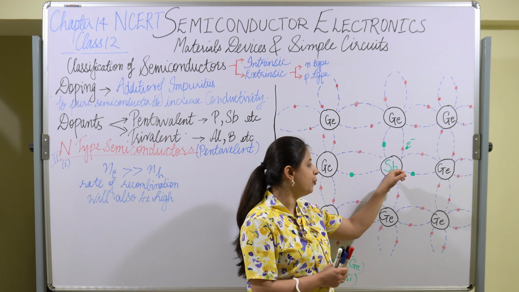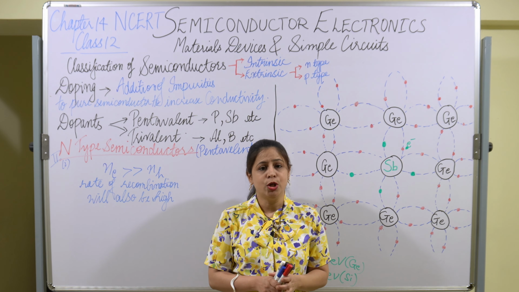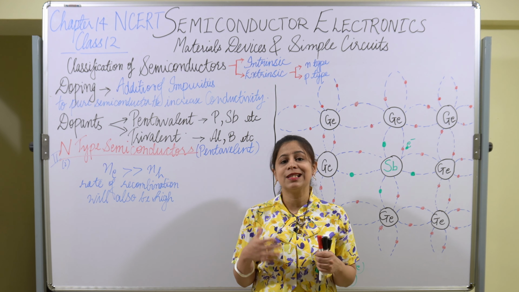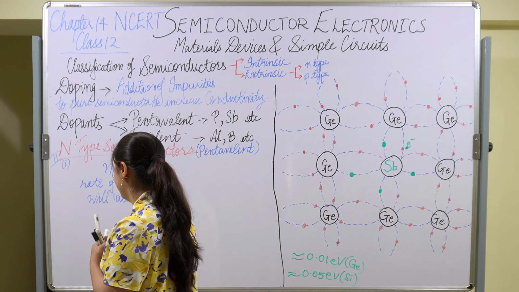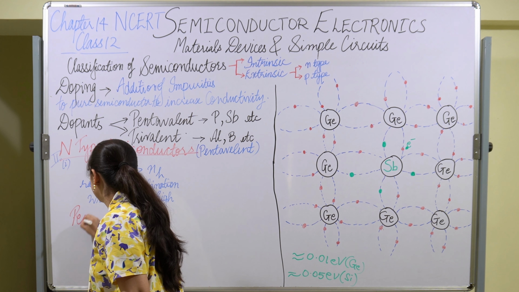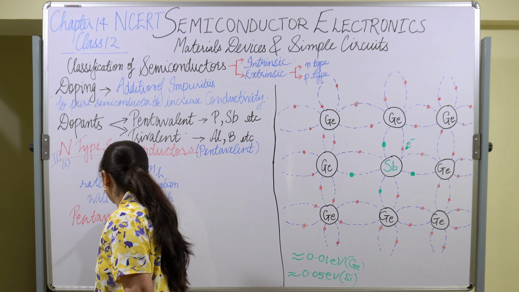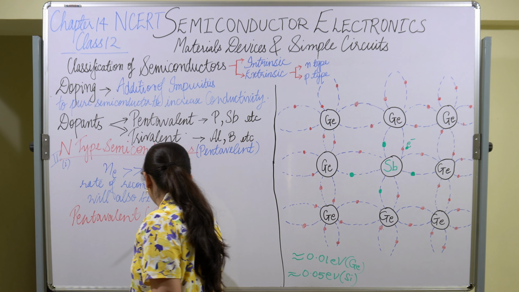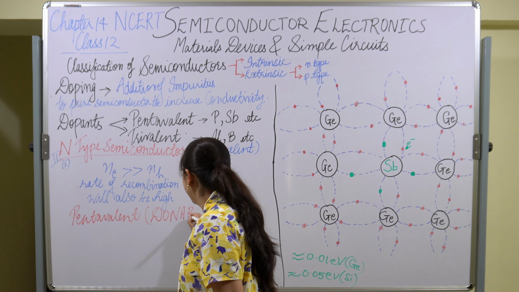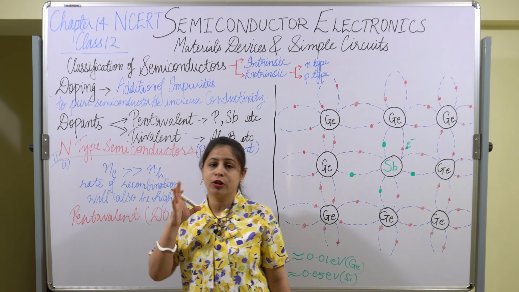Now this type of impurity is giving one electron. So the pentavalent impurities are said to be donor impurities. Donor, because they are donating their one electron for the conduction.